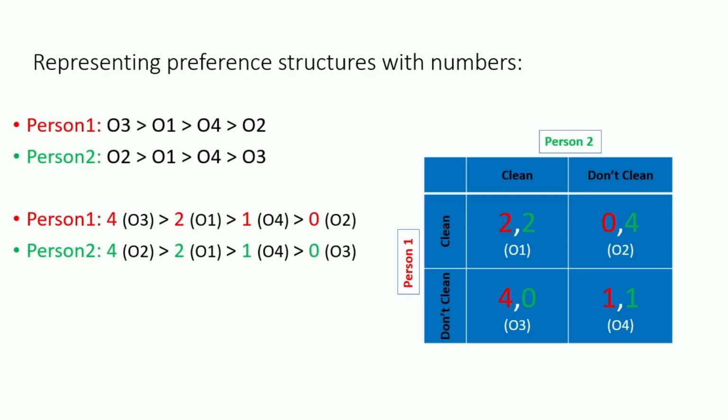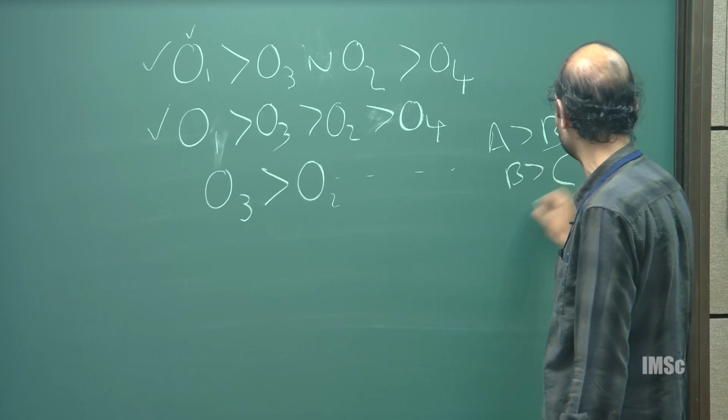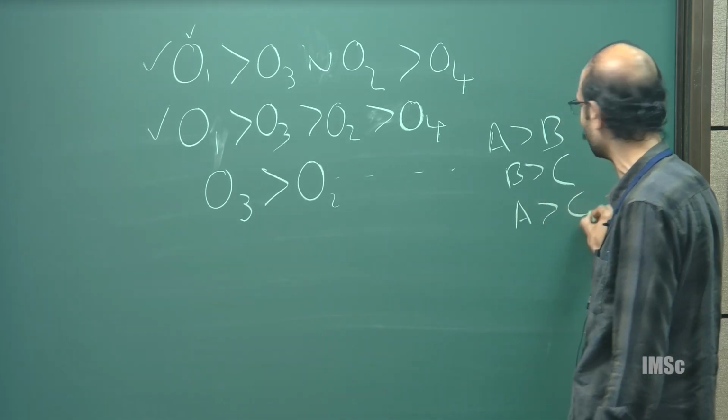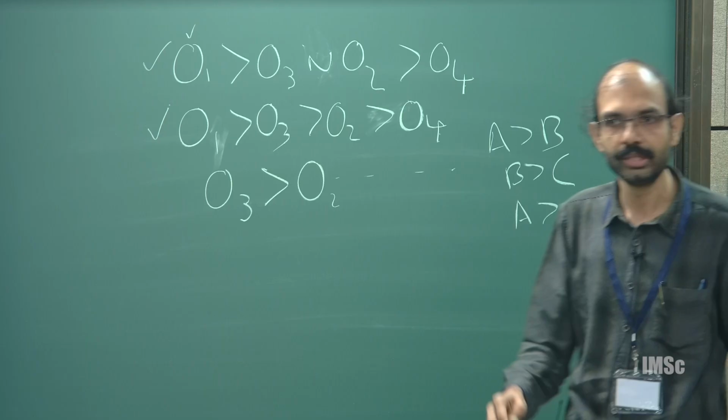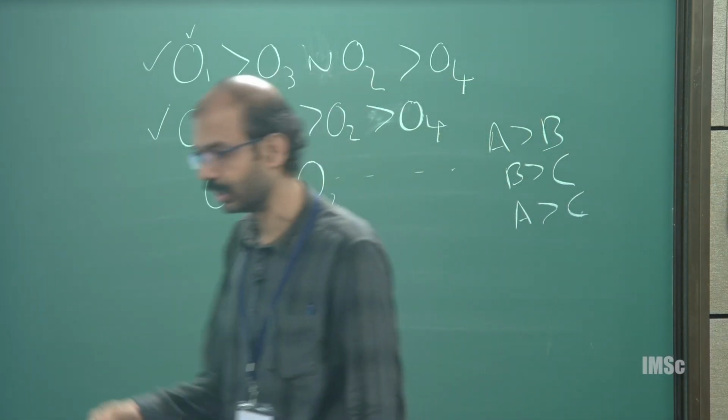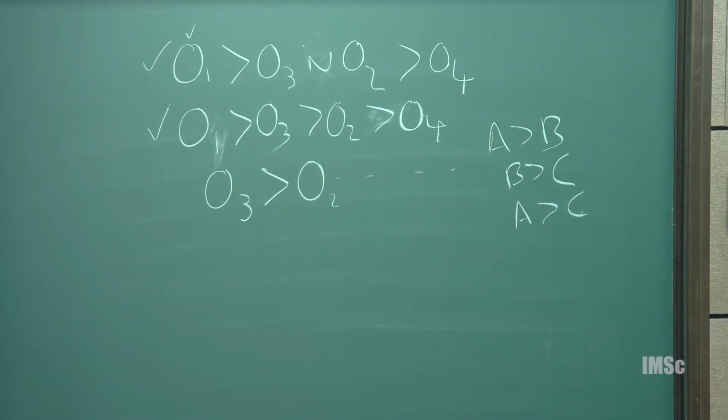What you assume is that my preferences have all the nice properties of these numbers. For example, the numbers are transitive. Transitive basically means that if I prefer A to B, and then B to C, then I should prefer A to C. But human beings are notoriously deficient in these kinds of things, especially kids.